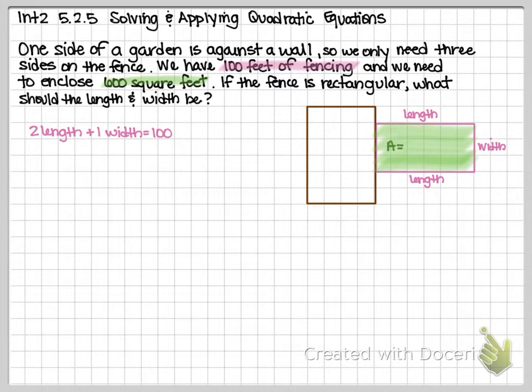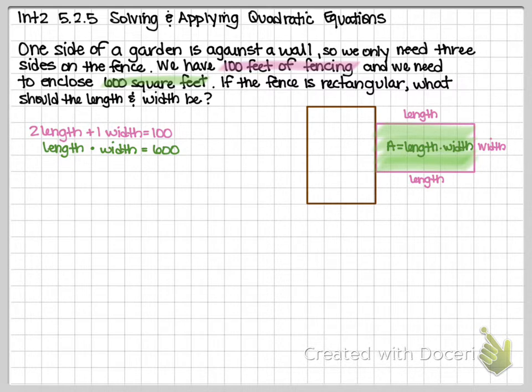Well, we know that the area of a rectangle is length times width, or base times height, however you want to look at it. So length times width is the area, but I have to enclose 600 square feet. All right, so it looks like I'm going to have to do some work here.